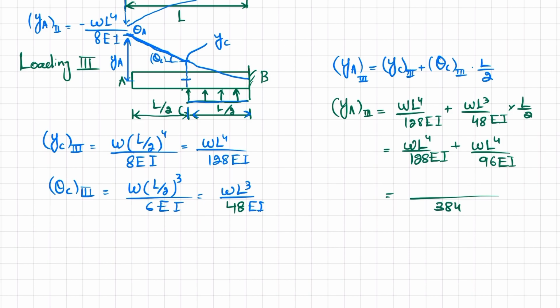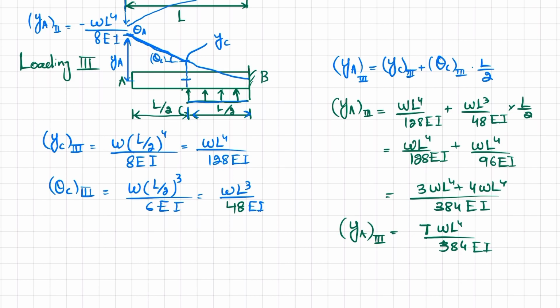So 384 divided by 128 will give you 3, so it will be 3 WL^4 plus 4 WL^4. So from here you will get 7 WL^4 over 384 EI. Here we have also EI. So this is YA at loading 3.